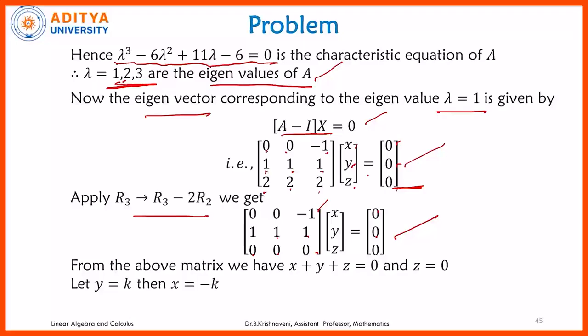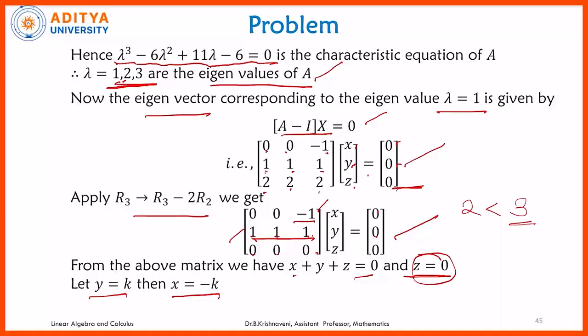Now it is very clear that the rank of this matrix is equal to 2, which is less than the number of unknowns, that is 3. Therefore it has infinite solutions. First take the reduced system. From this we get the equation x plus y plus z is equal to 0, and from the other, minus z is equal to 0, that is, z is equal to 0. Now we need to fix one variable as an arbitrary constant. So here we fix y equal to k, therefore we get x equal to minus k, taking z equal to 0.